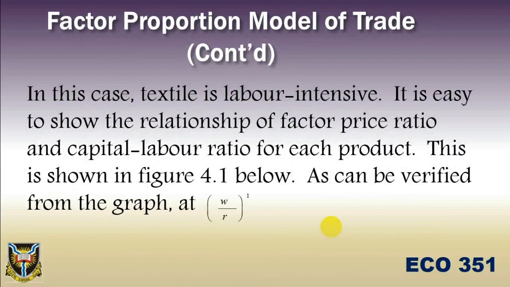It is easy to show the relationship of factor price ratio and capital-labor ratio for each product. This is shown in figure 4.1 below, as can be verified from the graph.